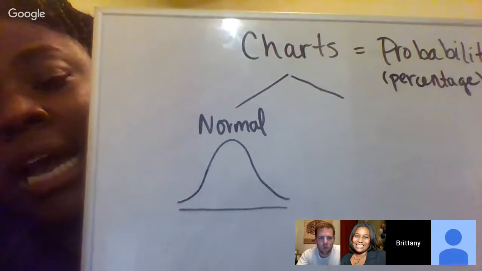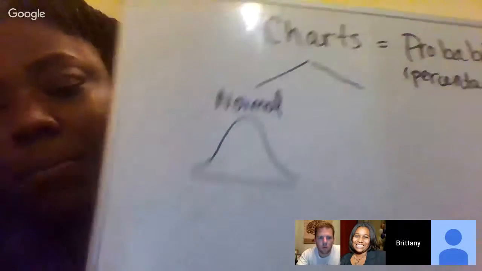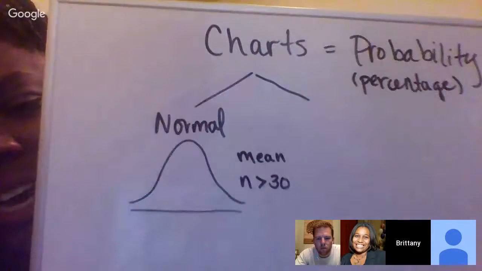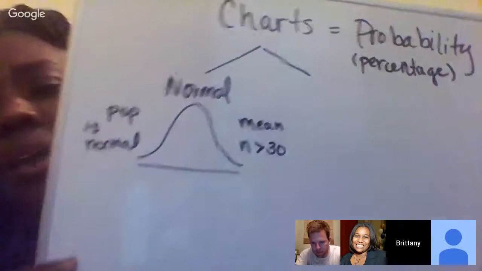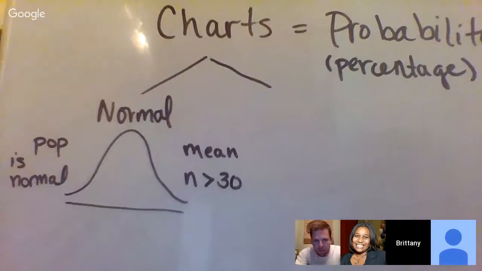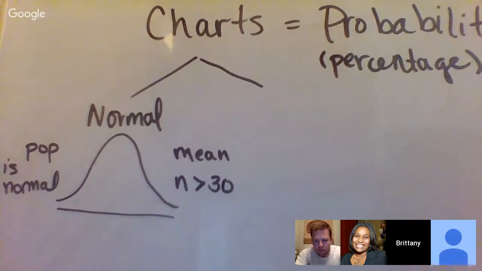We'll use that normal chart if we're wanting to find probabilities for the mean if the sample size is bigger than 30, or if our population is normal. Those are the two conditions for using that normal distribution chart.